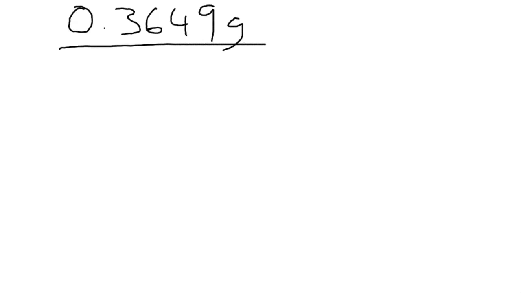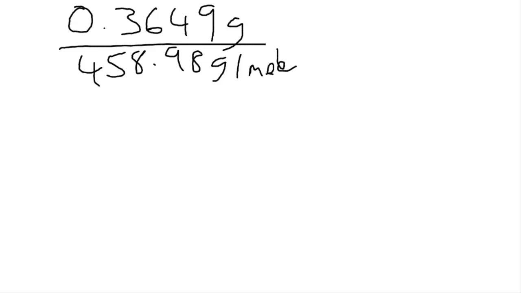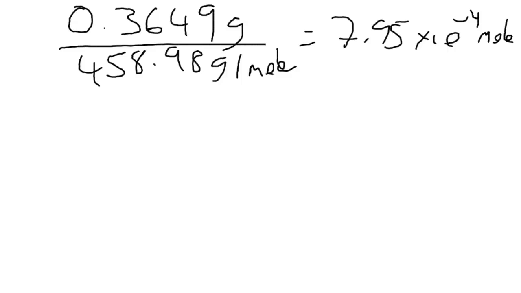And divide that by the molecular weight, 458.98 grams per mole. That will give us 7.95 times 10 to the minus 4 moles of the aluminum 8-hydroxyquinoline, because each one of those molecules contains one aluminum. That equals the moles of aluminum.